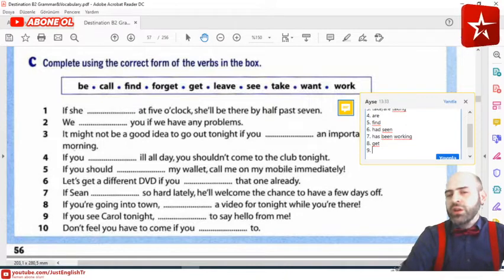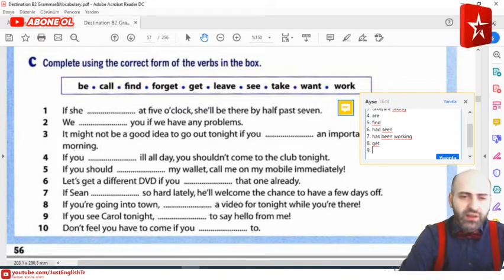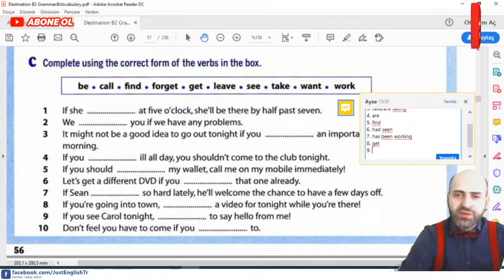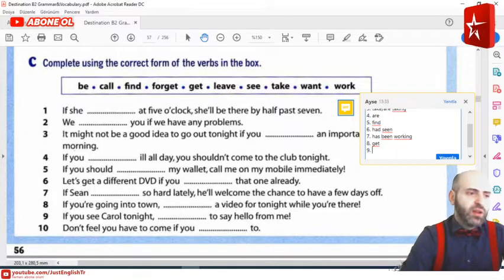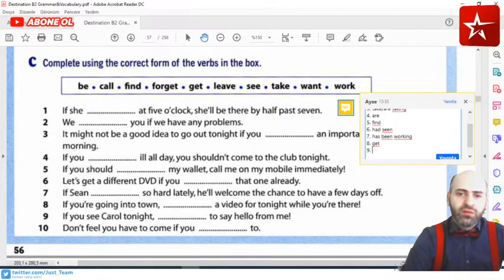We have only 2 verbs left, I think. Forget, we have not used the verb forget, and we have not used want. So we need want or forget in this situation.